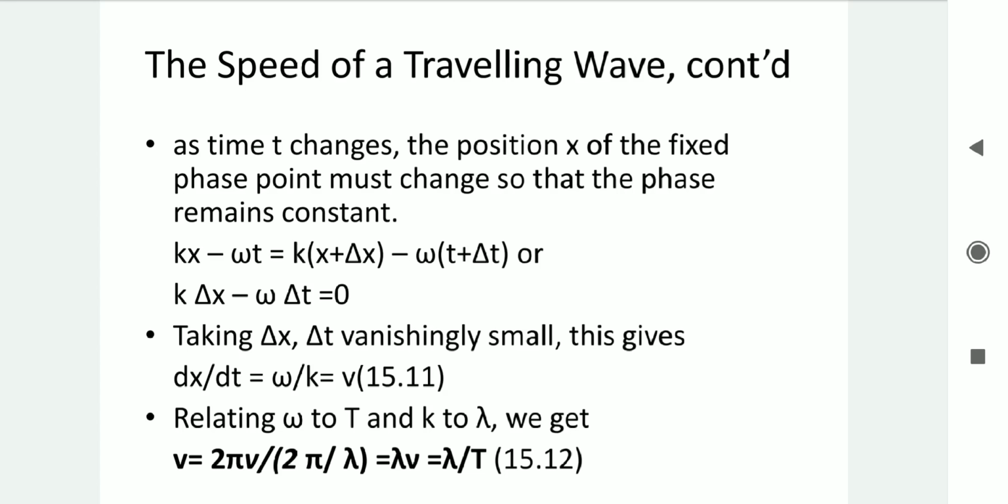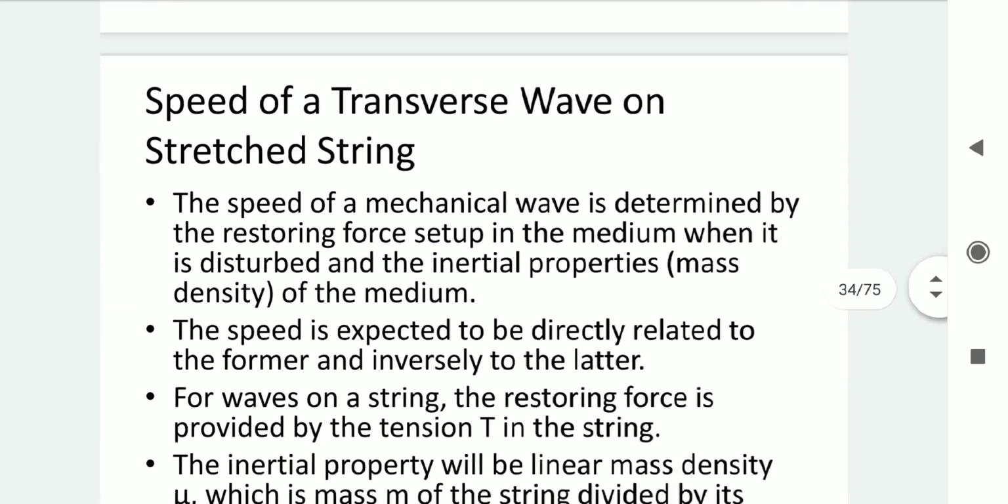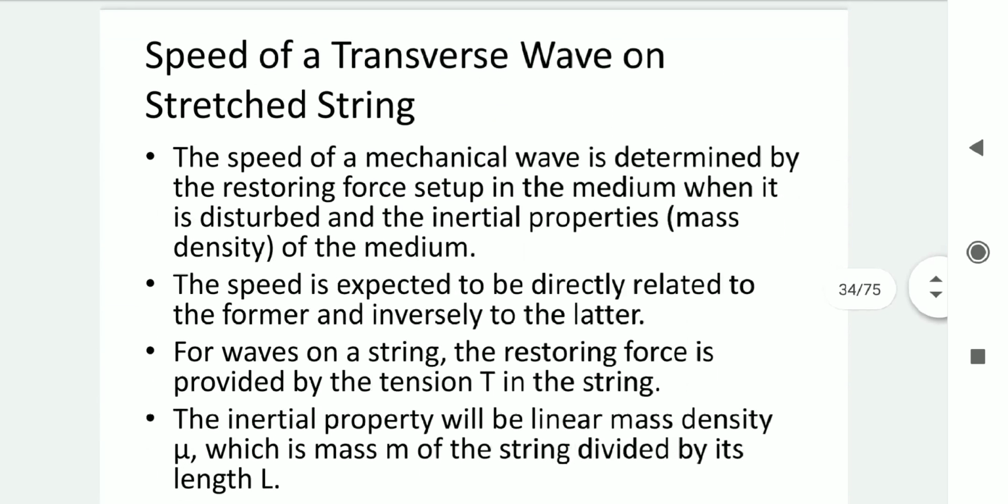Now let us understand the speed of a transverse wave on a stretched string. Here the speed of a mechanical wave is determined by the restoring force developed within a spring that is set up in a medium when it is disturbed, and the inertial property, that is the mass density of that medium.